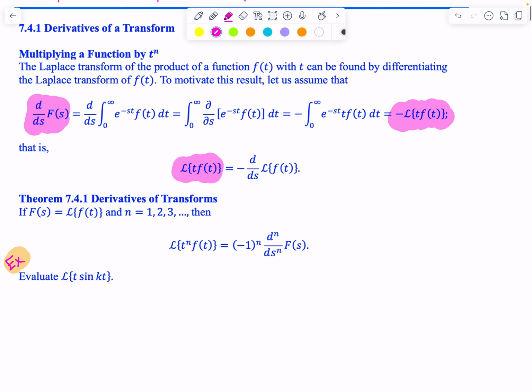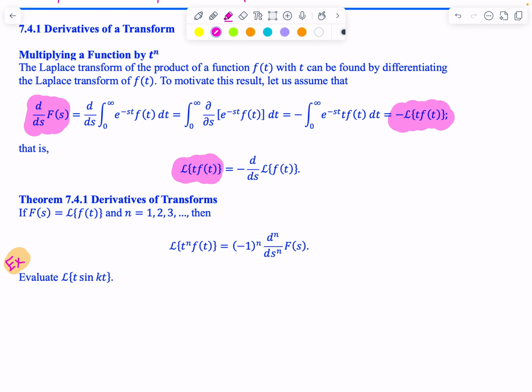If we were to keep going, we could do the second derivative and the third derivative, and we'll just leave that to an exercise if you'd like to try the second and the third and start looking for that pattern. We actually fall into this definition. We get -1 to the nth, so whatever t to the nth power is, will be -1 to the nth times the nth derivative of our Laplace of just the function.